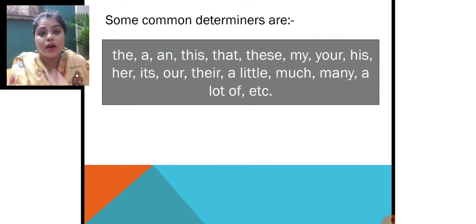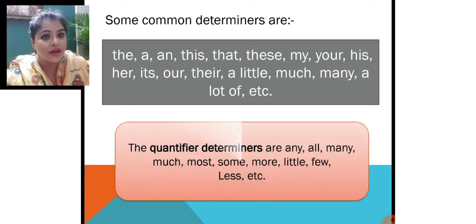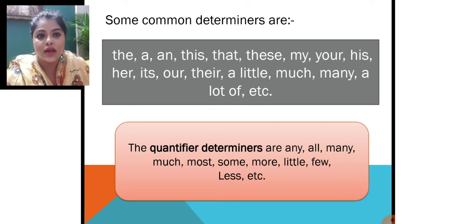Now we will see quantifier determiners. These are the words which come under quantifiers: any, all, many, much, most, some, more, little, few, less, etc. Now what are quantifier determiners?